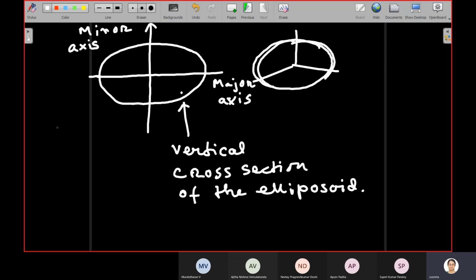Now we use two parameters. The first one is the equatorial radius. This line is in the equatorial plane, a horizontal line. The major axis is actually in the equatorial plane. So this is the equatorial radius, R naught.